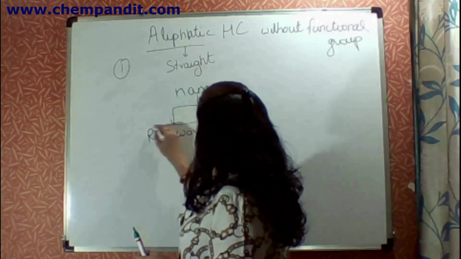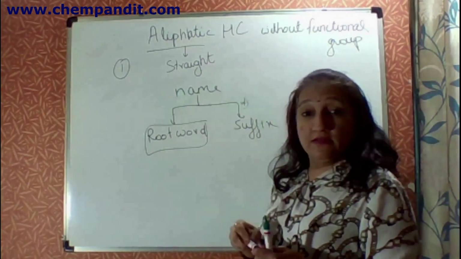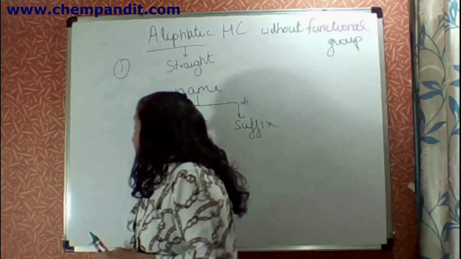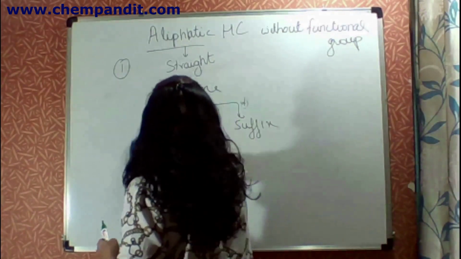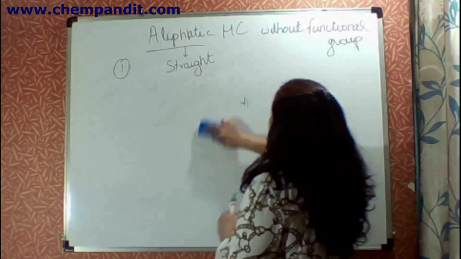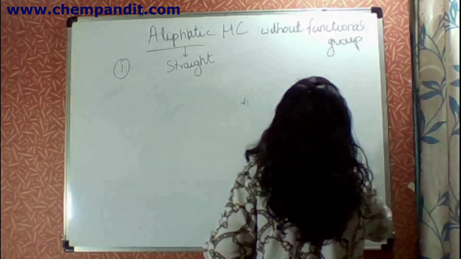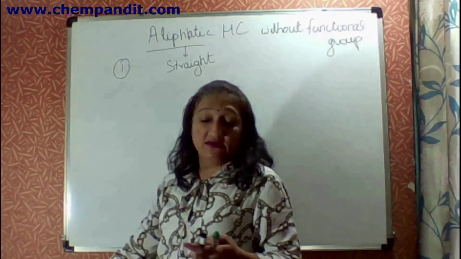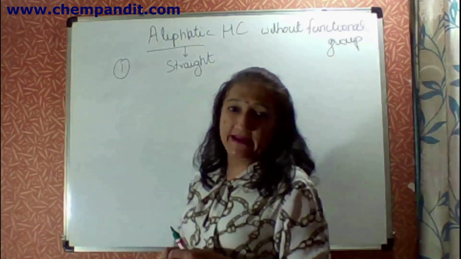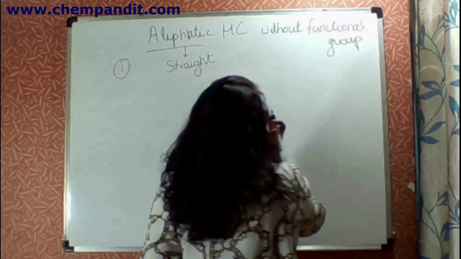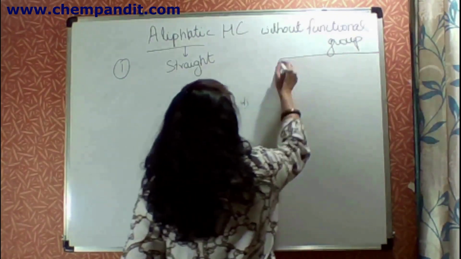Now what is this root word? This root word is derived by counting the number of carbon atoms. This we have already discussed in class 10th, I think class 10th or 9th. I'll just make a table for this.